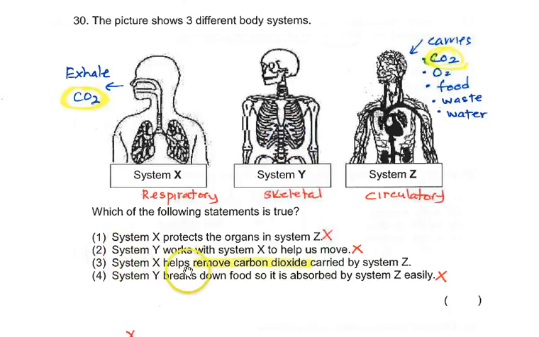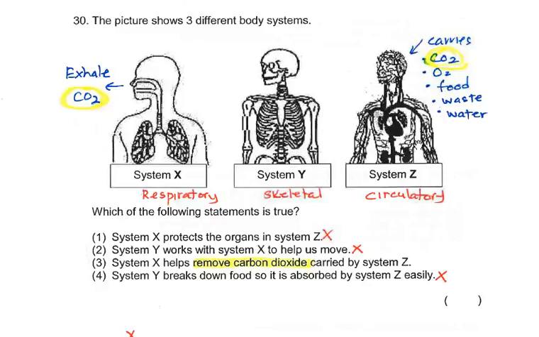Now, System X helps remove carbon dioxide. This one, exhale carbon dioxide. Okay, this is correct. Carried by System Z. So what happens in System Z is a circulatory system. All body parts, everything inside your body, they use oxygen. After using oxygen, the gas becomes burned out and becomes carbon dioxide.